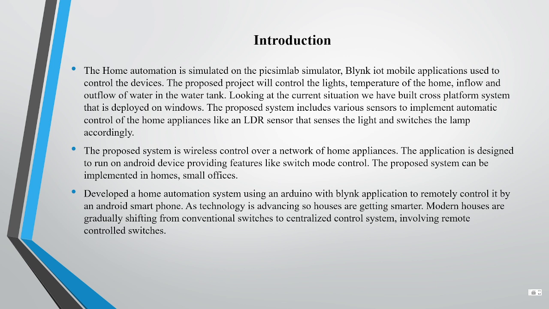The application is designed to run on Android devices, providing features like switch mode control. This system is also implemented in homes and small offices. We deployed a home automation system using an Arduino with the Blynk application to remote control it by Android smartphones.